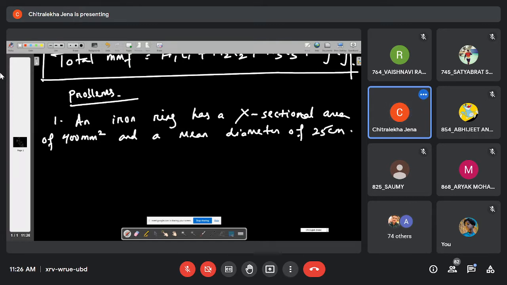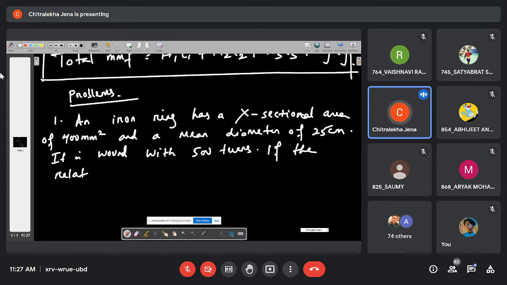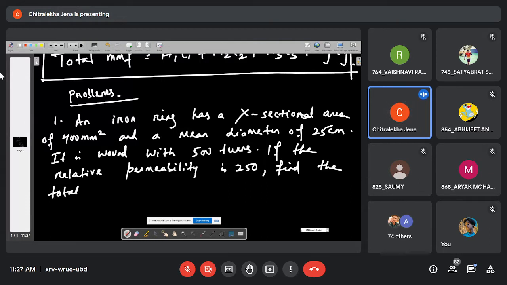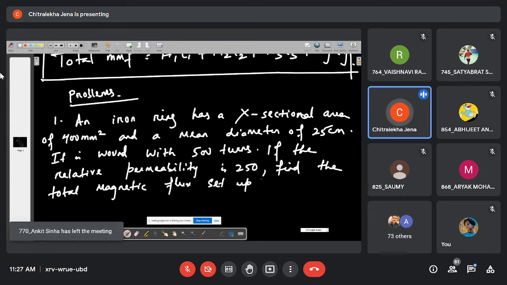It is wound with 500 turns. If the relative permeability is 250, find the total magnetic flux set up in the ring.